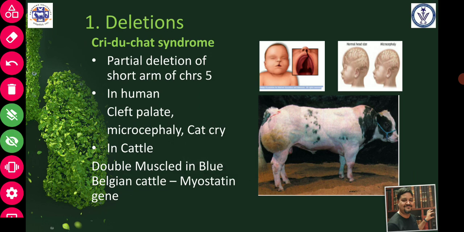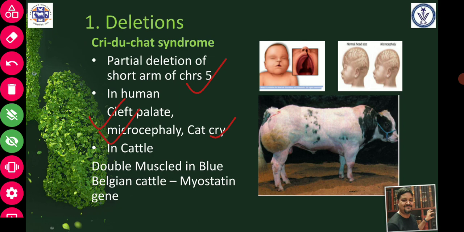Now, an example of deletion is cri-du-chat syndrome, also known as cat-cry syndrome. It is mainly found in humans. It arises due to partial deletion of the short arm of chromosome 5, and it results in cleft palate, microcephaly, and cat-cry symptoms.